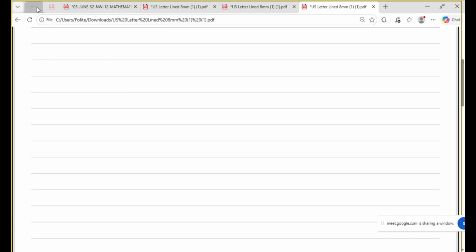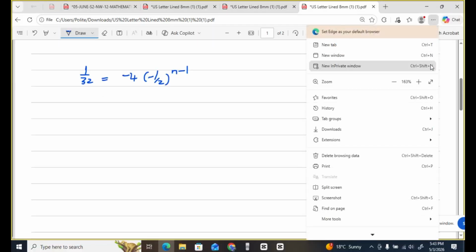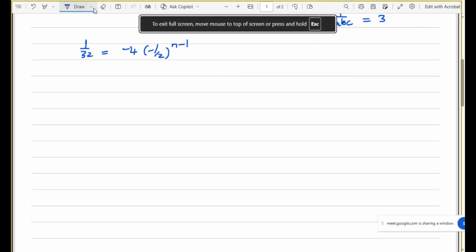So what was this question? Okay, we said this will be 1/32. It's equal to -4 into -1/2 to the power n minus 1. And let's do the magic and solve for the value of n.